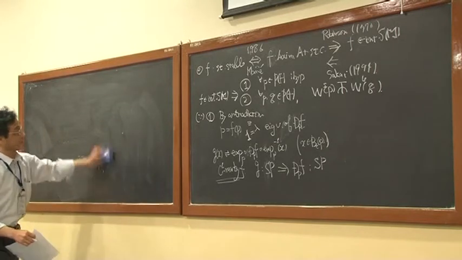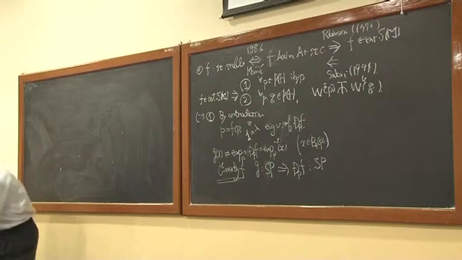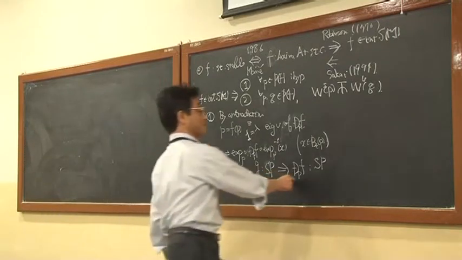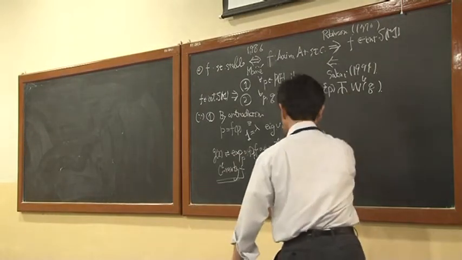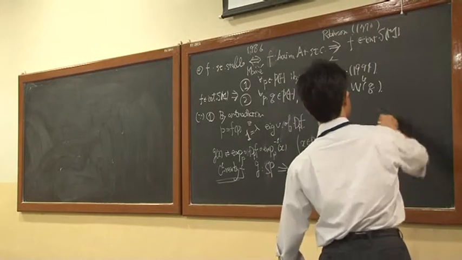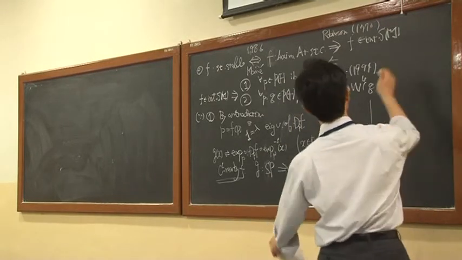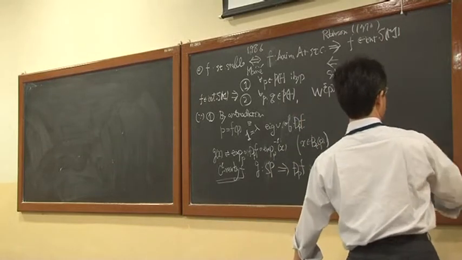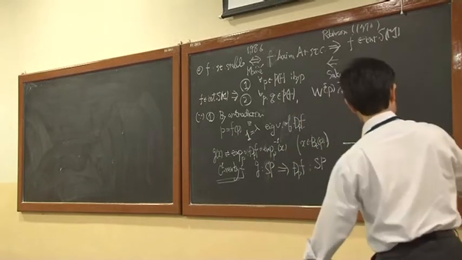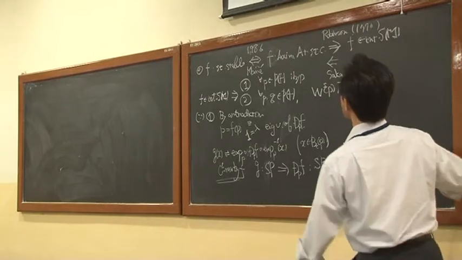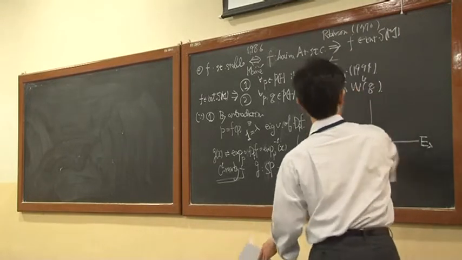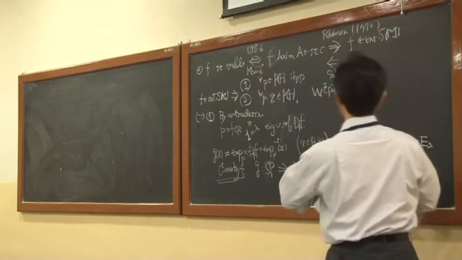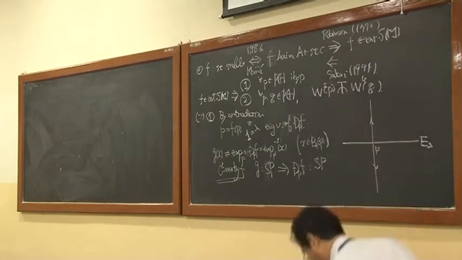Recall the differential. Again, we consider the simplest case, the two-dimensional case. So this is P, and this is the eigenspace corresponding to lambda. In this outline, we assume that the normal direction is expanding.